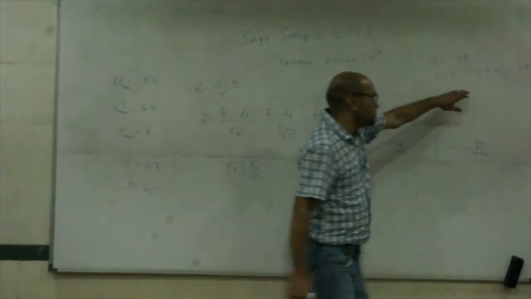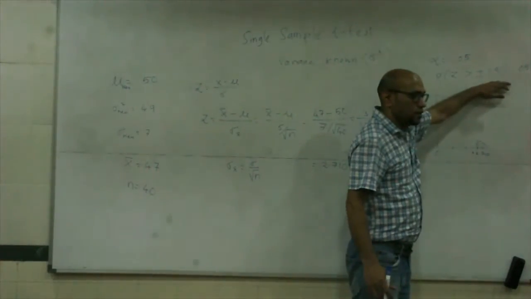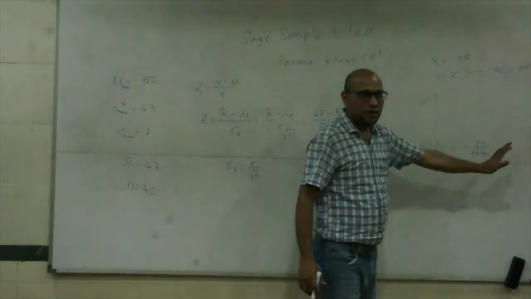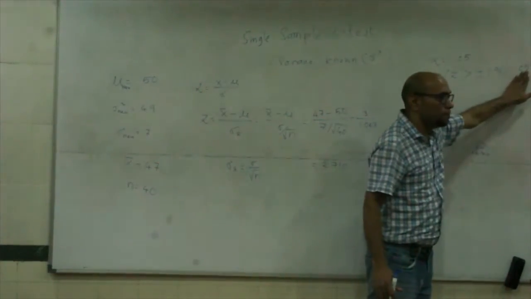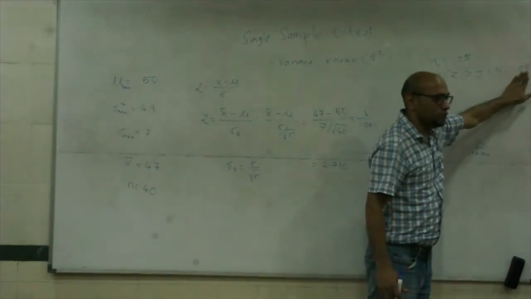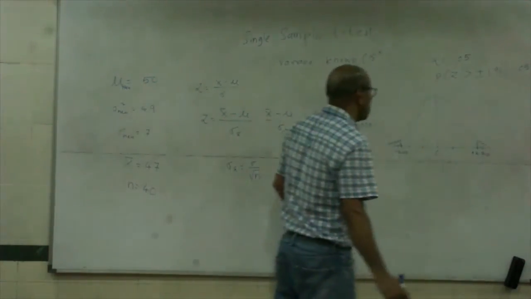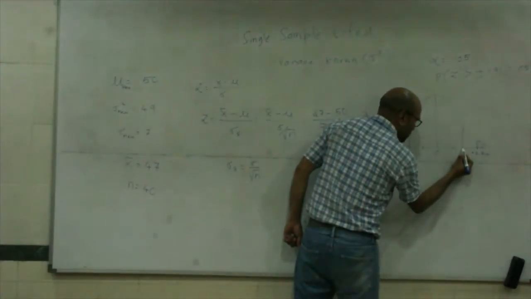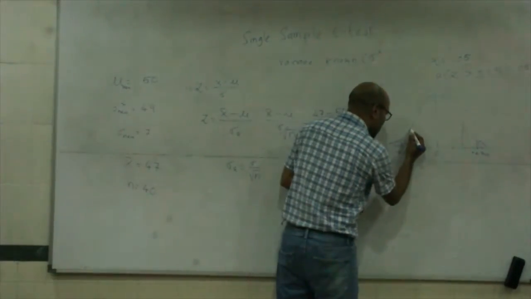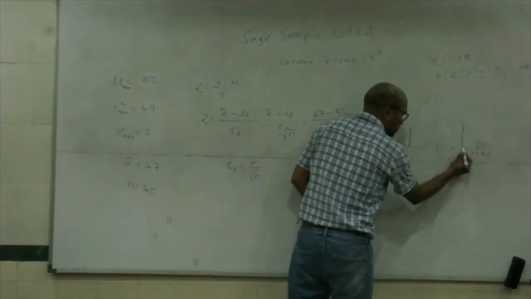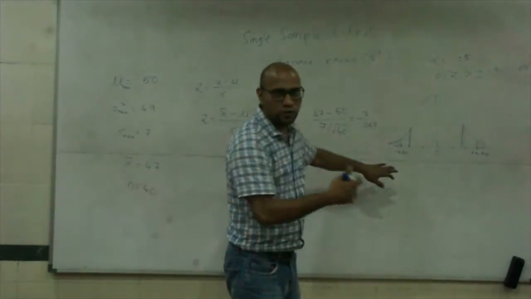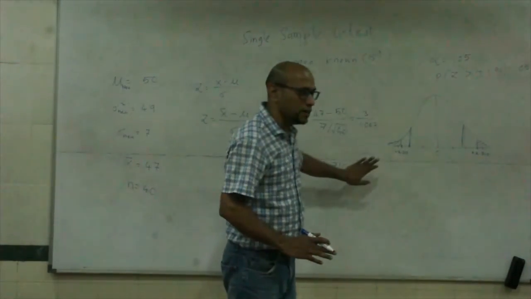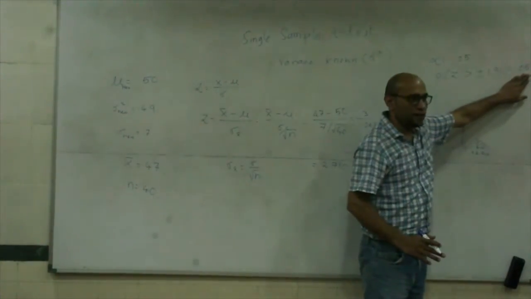So the probability that I would get a Z that's either smaller than negative 1.96 or greater than 1.96 is 0.05. So 1.96 is here, negative 1.96 is here. Any value which lies beyond 1.96 of Z has a probability of smaller than 0.05.